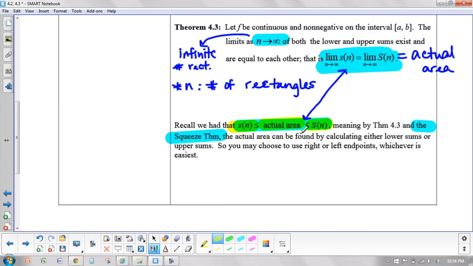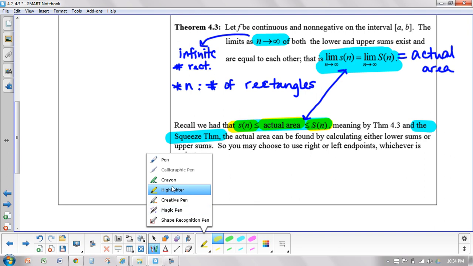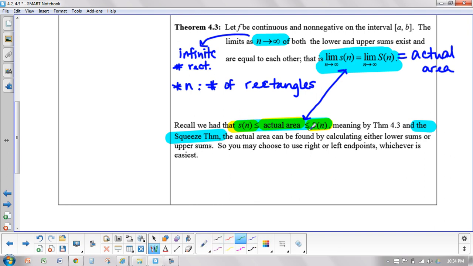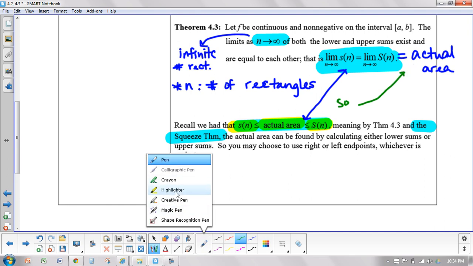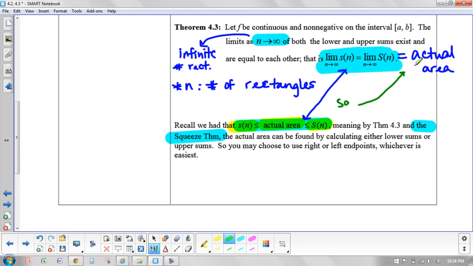It squeezes it into the middle. So it helps you make this connection that it's the actual area.